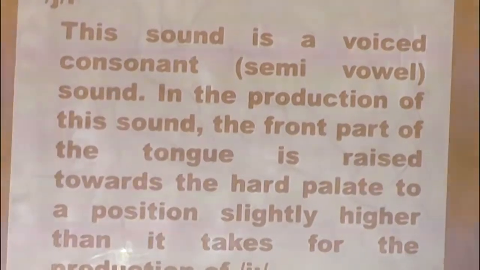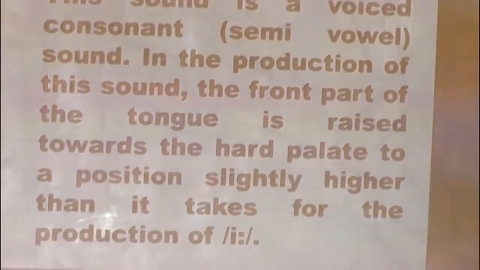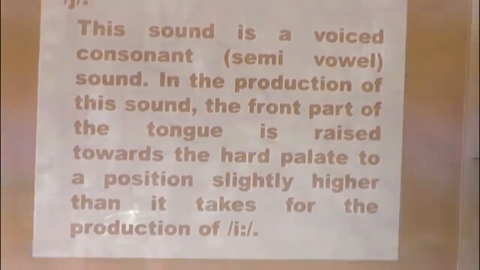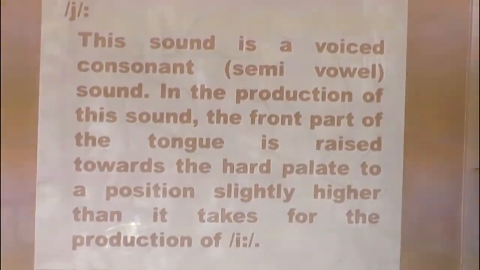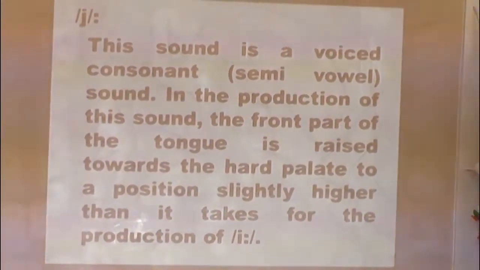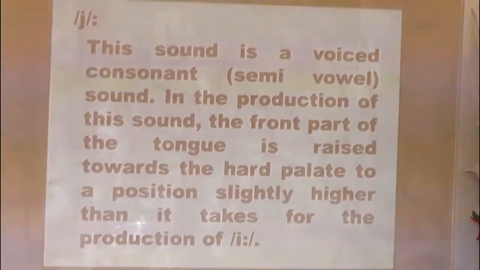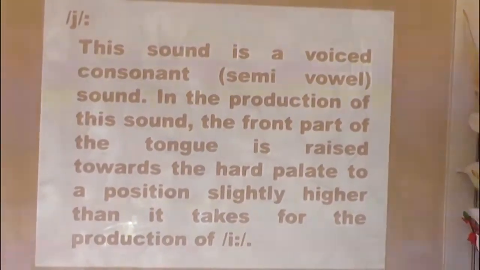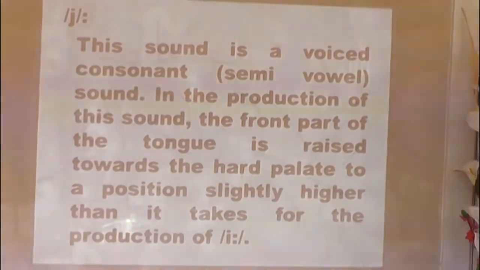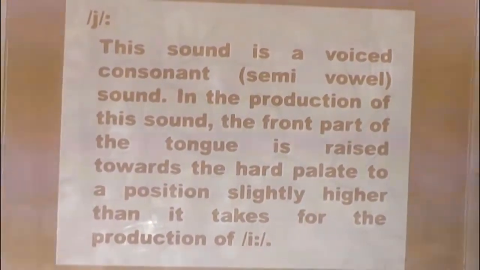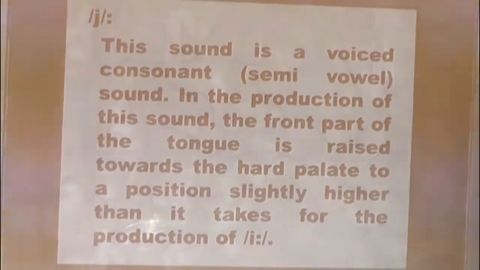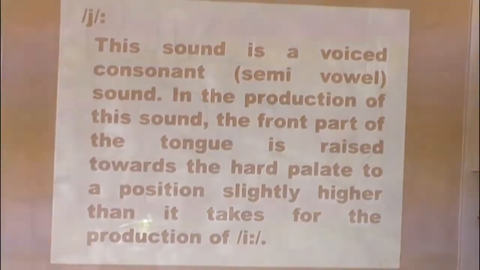Let's look at the next sound. This sound is also a semi-vowel sound. To produce this sound, the front part of the tongue is usually raised towards our hard palate to a position slightly higher than it takes to pronounce the E sound.